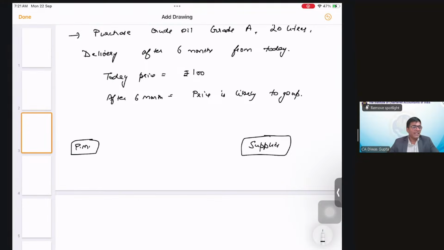Because if this step is not taken, then the procurement manager for sure knows that there can be a loss in the time to come.